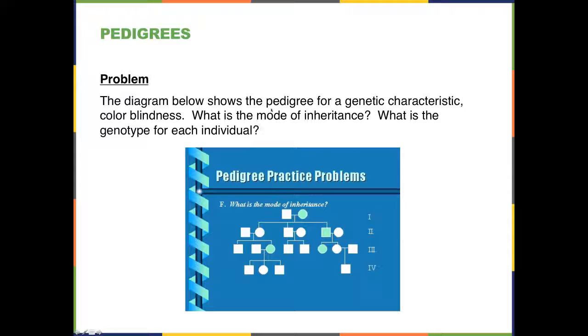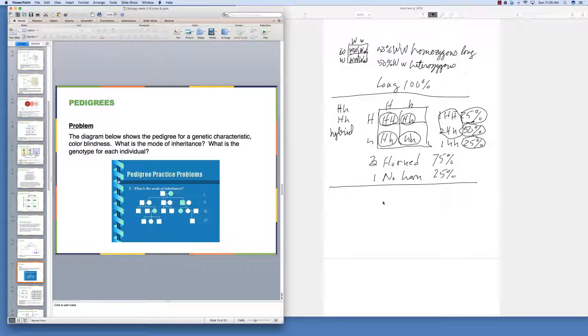Now let's take a look at a problem and we'll go through it the same way we went through the last one. We'll start down here. The diagram below shows a pedigree for a genetic characteristic, color blindness. What is the mode of inheritance? And what is the genotype of each individual?